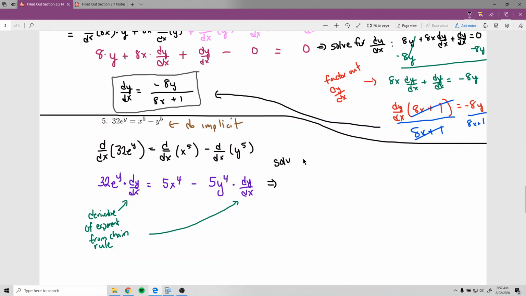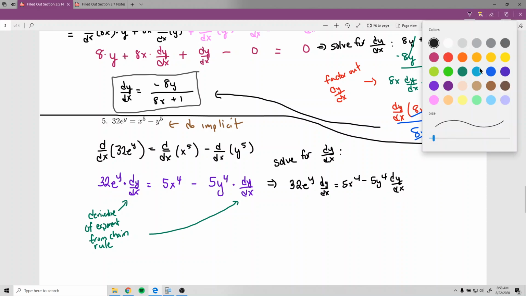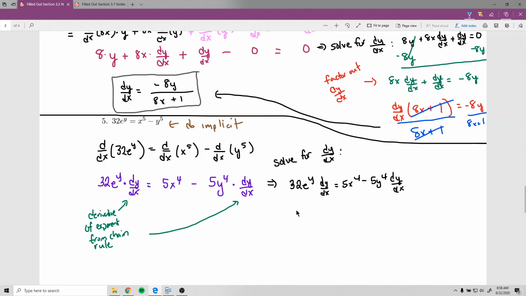All right, and now we want to solve for dy over dx. So I'm going to write down what we've got, just to give myself room to work. Since we want to solve for dy over dx, we have the dy over dx's on different sides. We want to get them to the same side. Last time we didn't have to do that because they were already on the same side, but now we have to.